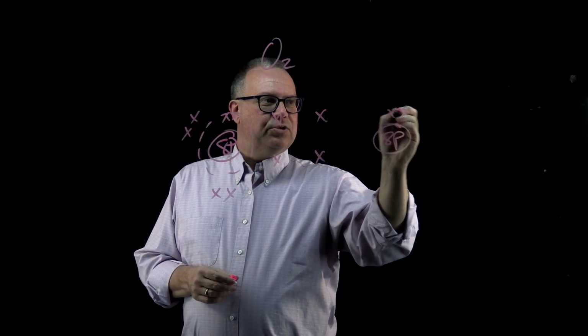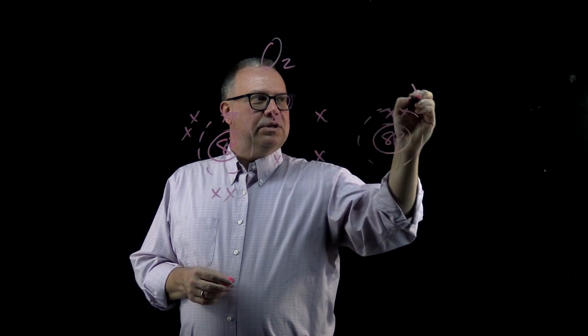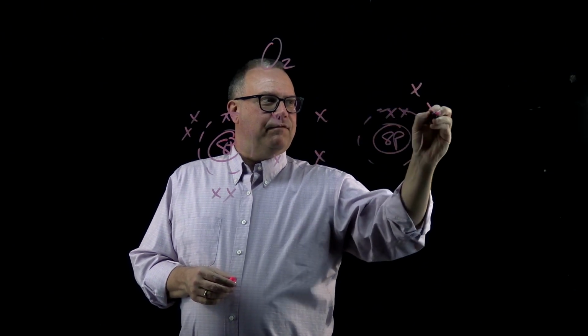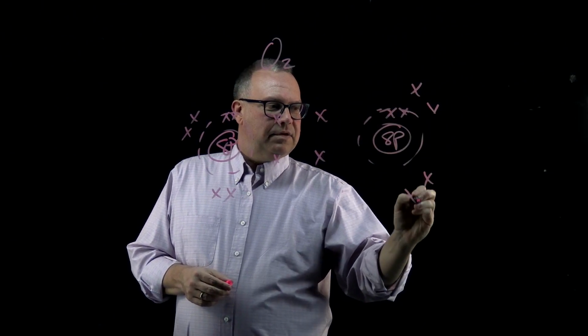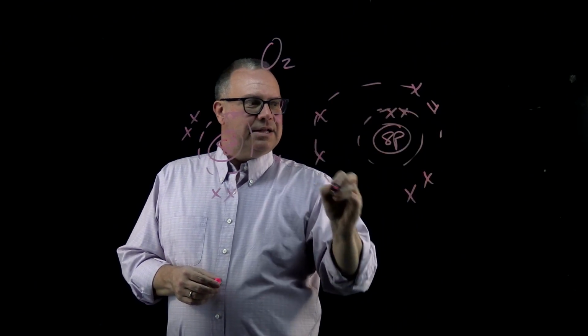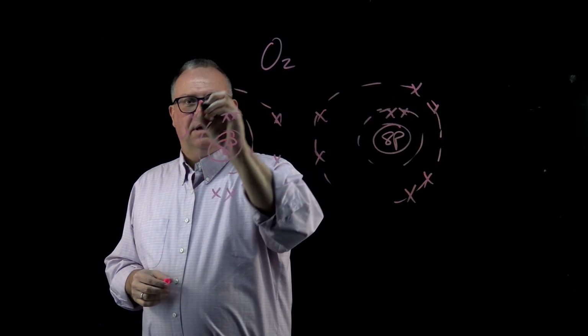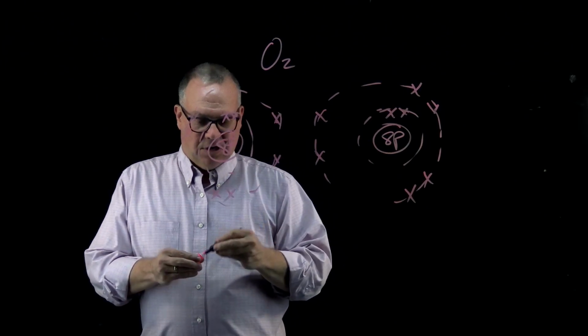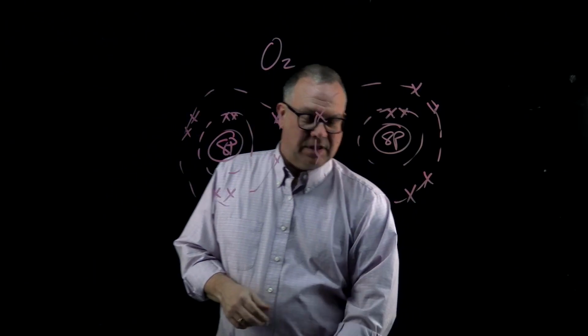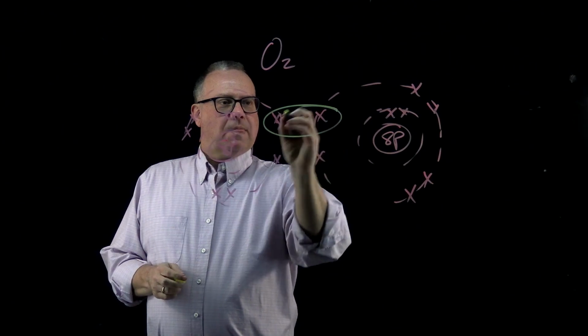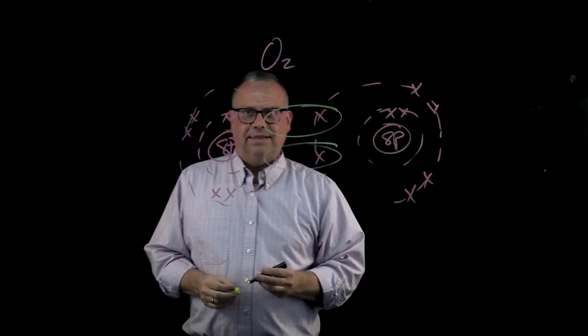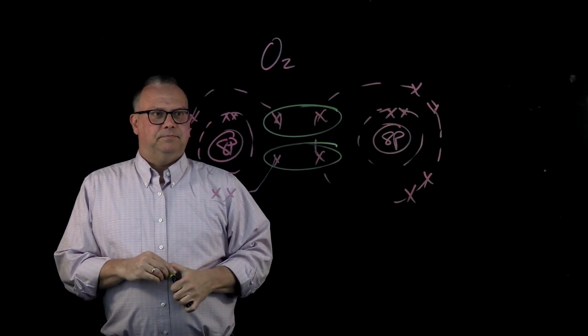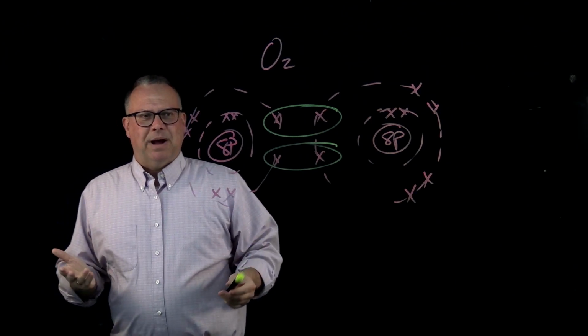Nucleus, 1, 2, and then 1, 2, 3, 4, 5, 6. And its outer shell and the outer shell of this over here. The covalent bonds that we would draw there and there.